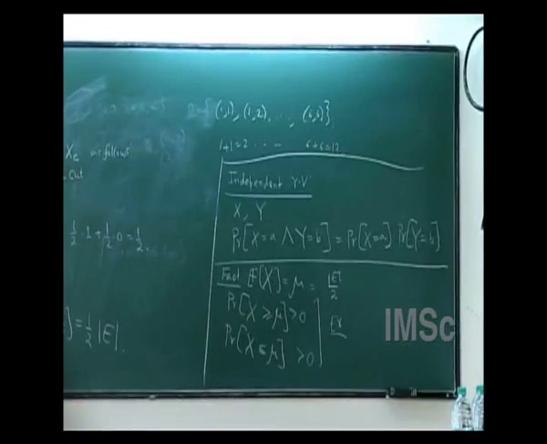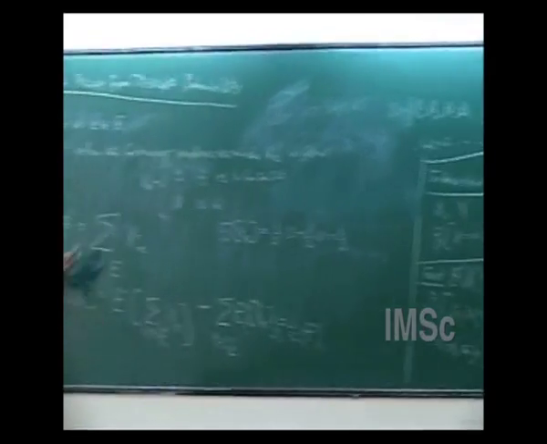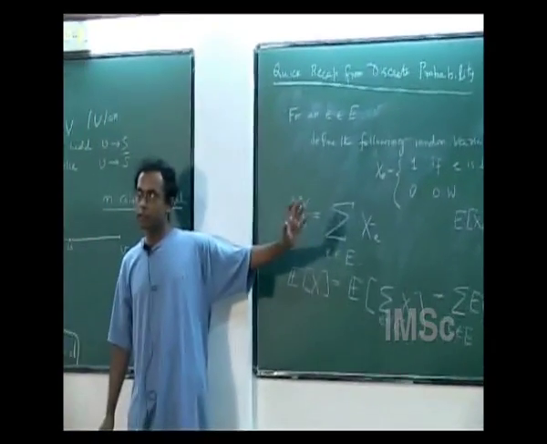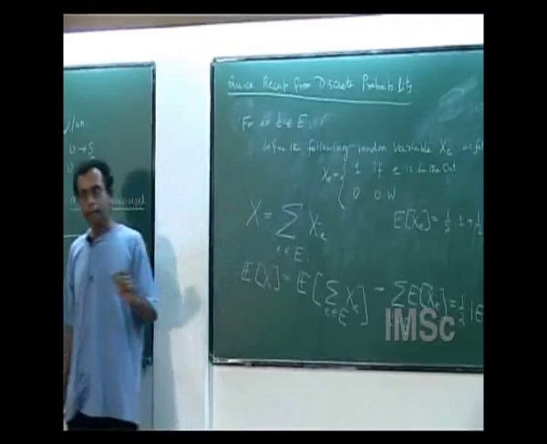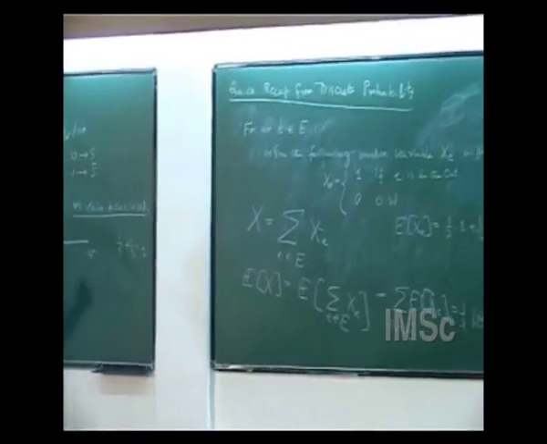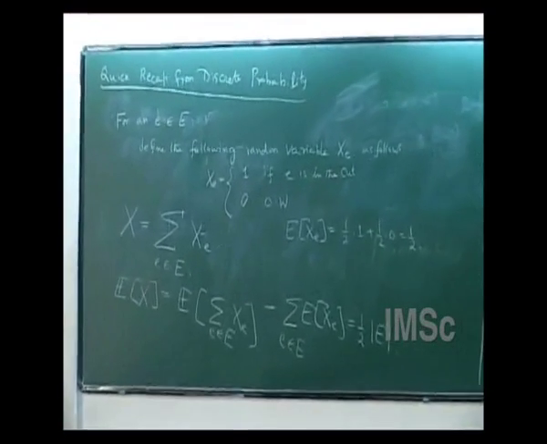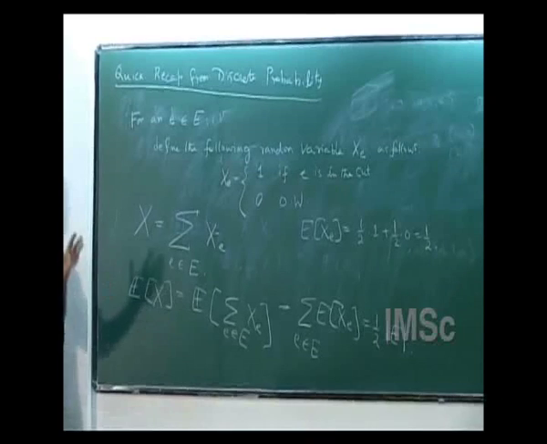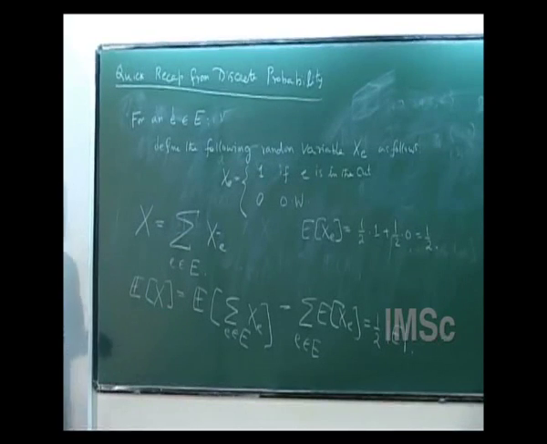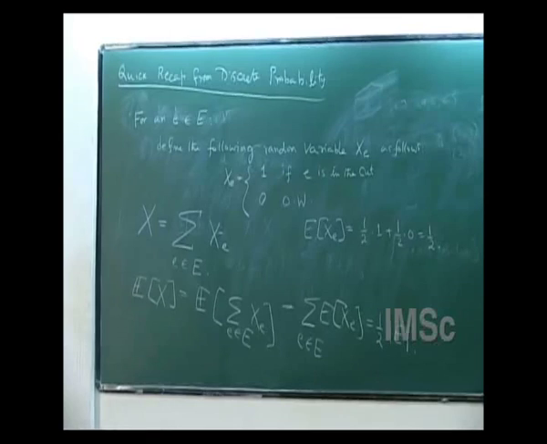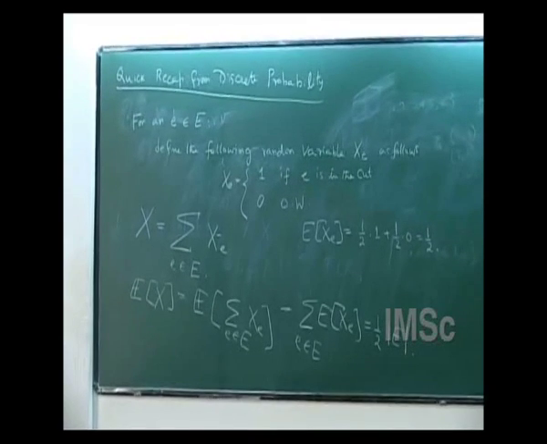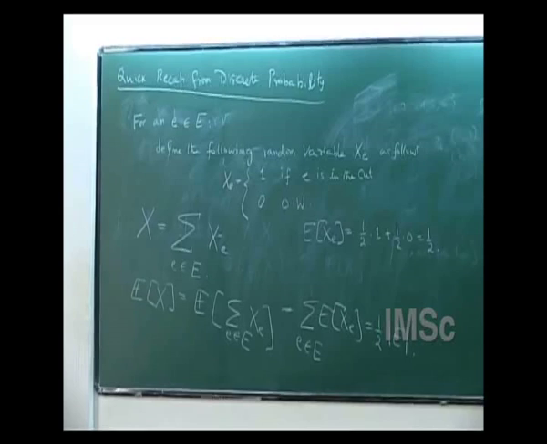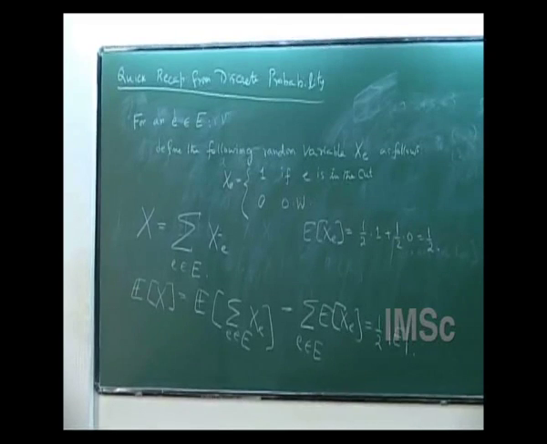So this analysis only tells you that in expectation the cut size is E by 2, and you can convince yourself that there will be situations where it will actually be more than E by 2. Good. So on an average this algorithm performs very well. The expected size of the cut is very good.